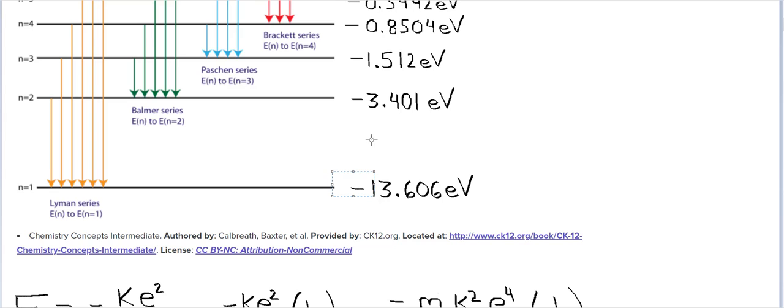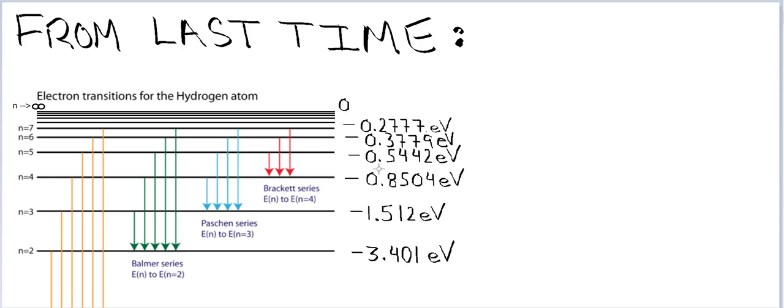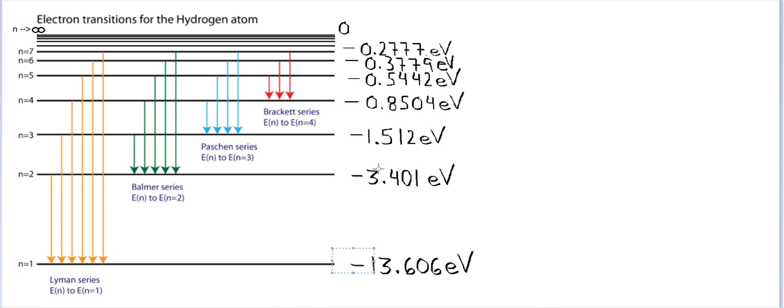Remember that they're all negative because we're talking about a bound system.